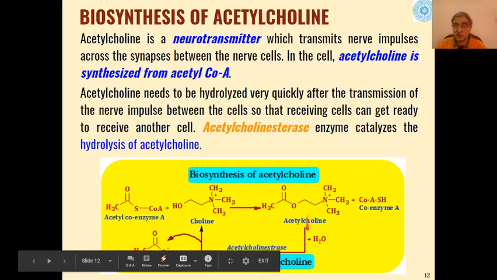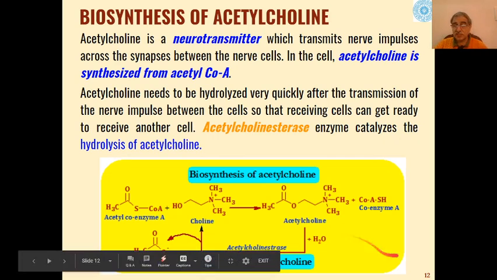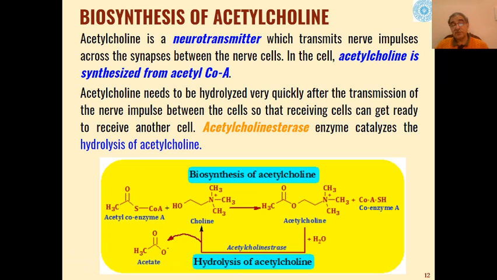So this hydrolysis takes place in the presence of the enzyme acetylcholine esterase, which will hydrolyze this bond, and we will get choline, and acetate will be formed as another product of hydrolysis.